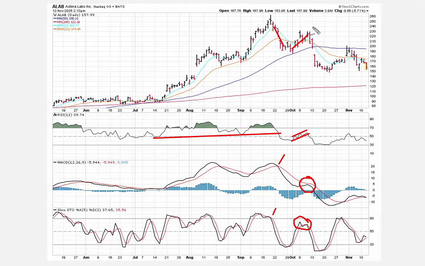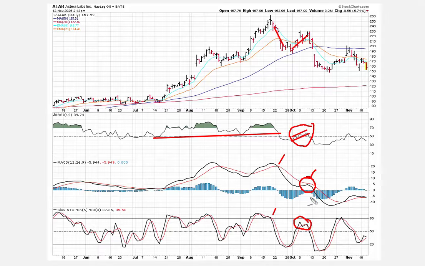So this is a bounce attempt, and you're wondering: if this is a pullback within an uptrend, then this should be a resumption of the uptrend. Is this a pullback within an uptrend, or the first leg down of a downtrend? The indicators tell us that a top is in and a downtrend is underway, or at least there's going to be another leg down, because the price attempted to move up, but the RSI said, nope, I'm not having it.